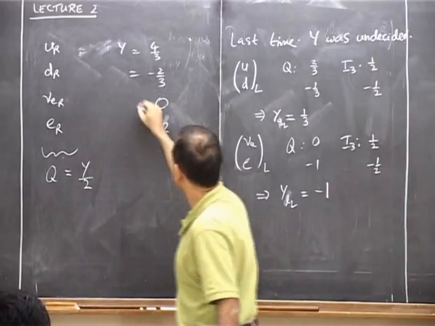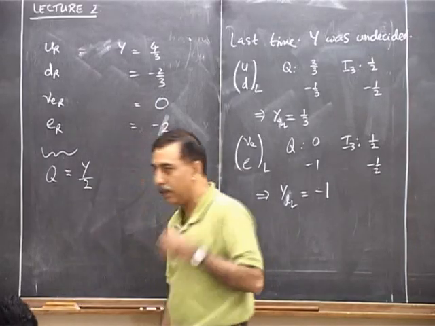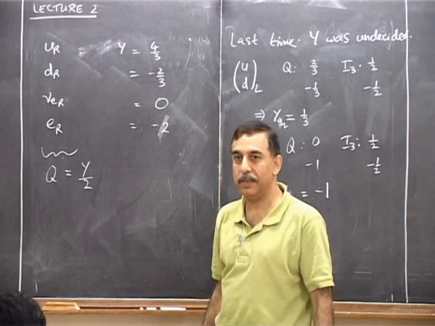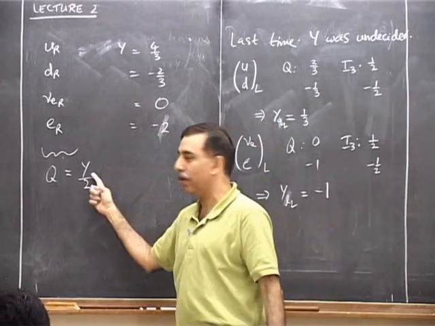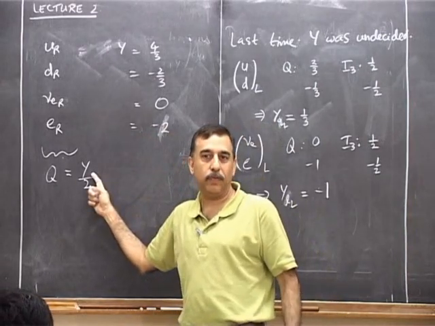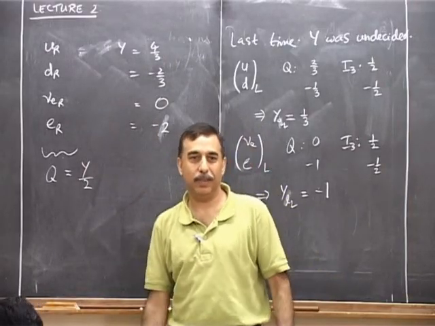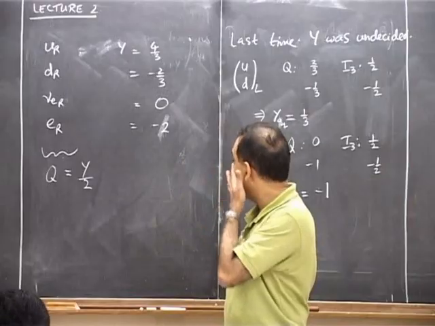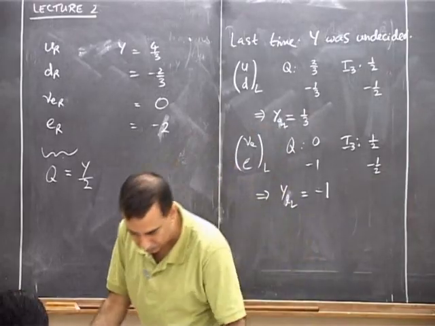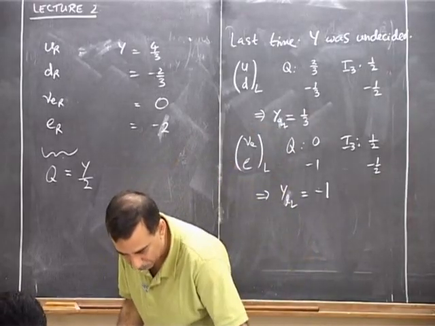That's very easy. Now you can also see the merit of the Peskin conventions. In their conventions, Q is equal to Y for right-handed objects. So for the right-handed objects, the hypercharge is the same as the electric charge. That's somehow nice. Here the hypercharge is double the electric charge, but it's very minor.